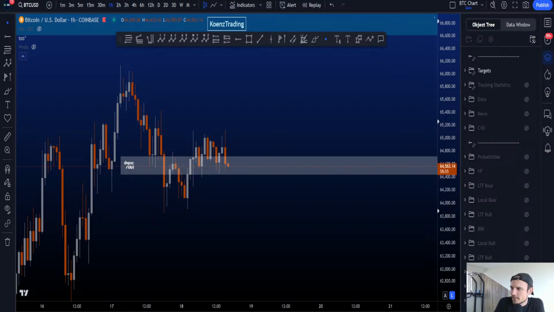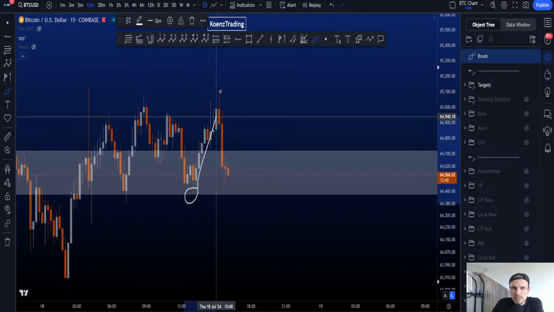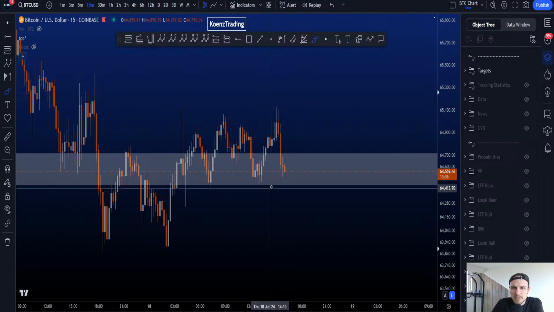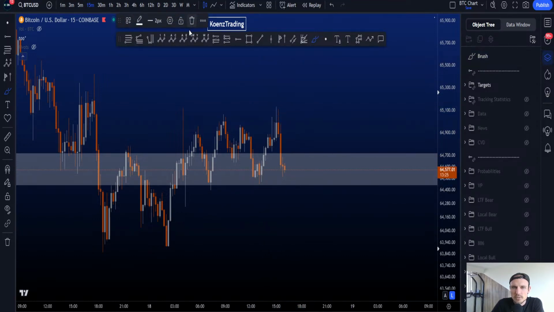The 886 doesn't even want to go to the golden pocket. Not sure which 886 you talk about, Dawa. The 886. So I do not take an 886 from this low to the high, because it's in a complex range, so there are probabilities for this to be a complex low or a corrective low, and not necessarily a new impulse up for 1, 2, 3.